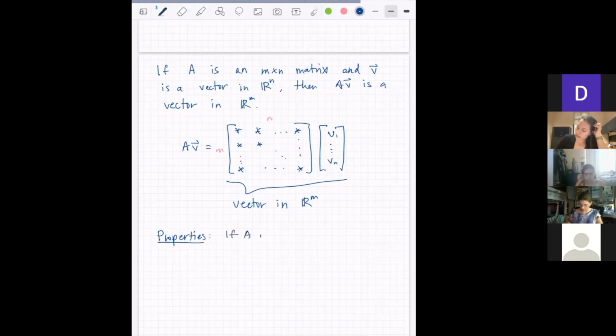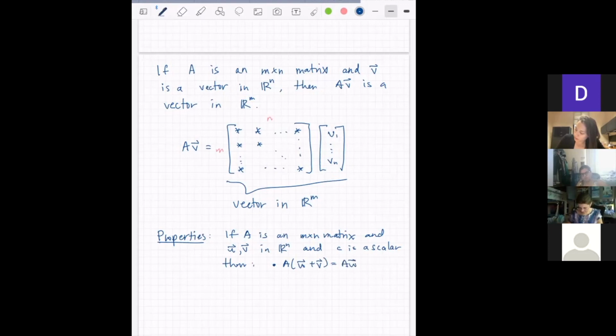So if A is an m by n matrix, and you have two vectors, u and v, in Rn, and c is a scalar, then we have these two properties. So first of all, A times (u plus v) is equal to A times u plus A times v. So it distributes in this way.